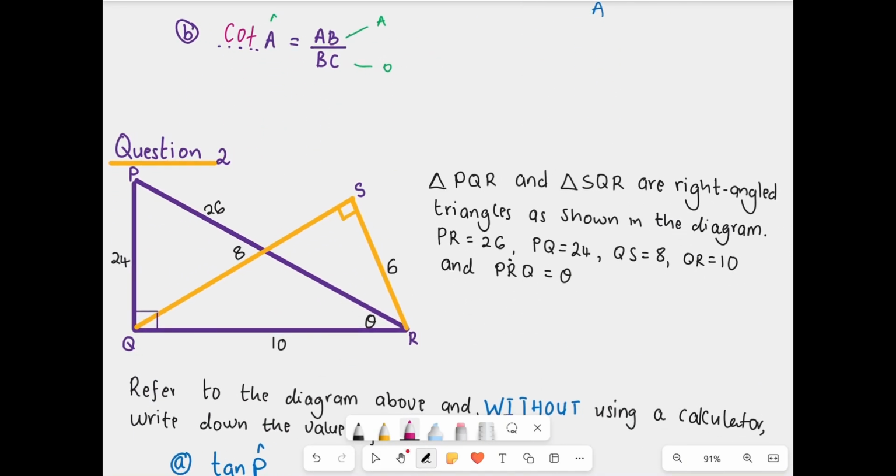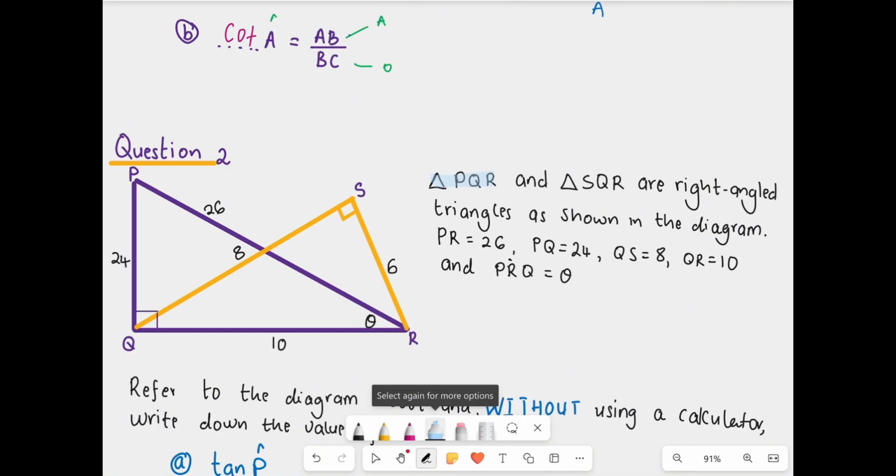Question 2. Triangle PQR and triangle SQR are right-angled triangles as shown in the diagram.